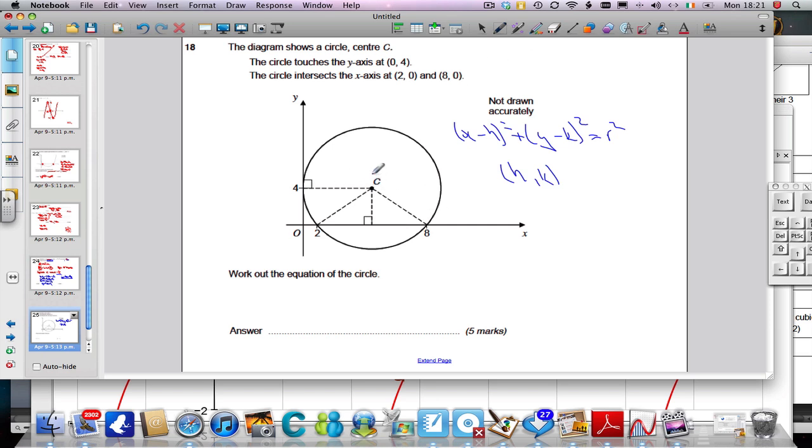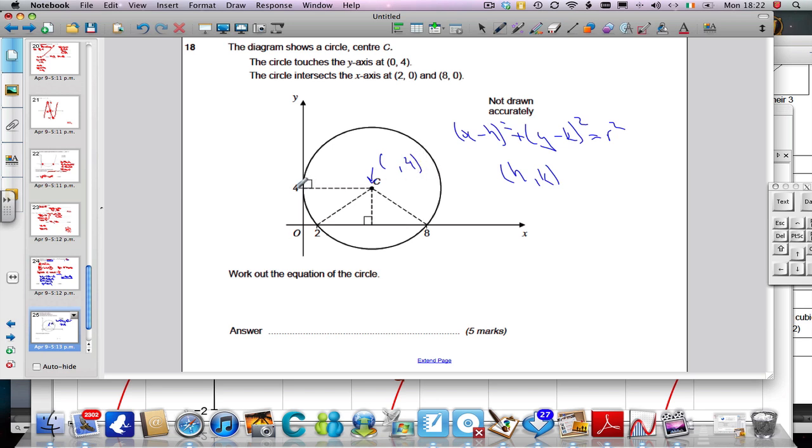So I'm going to start by looking for the center. Can I work out the center? Well, we can clearly see that this is a right angle triangle, and this part is equidistant to this part. So can I use anything to work this out? Well, I can certainly see straight away that the y coordinate of the center must be 4.